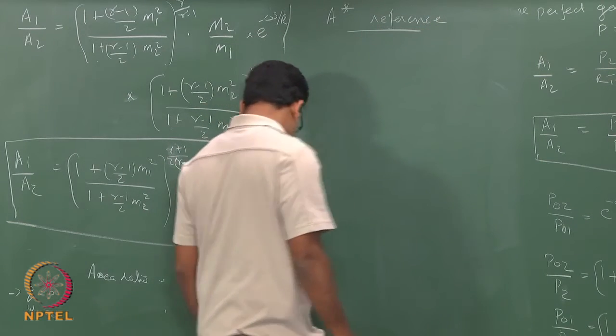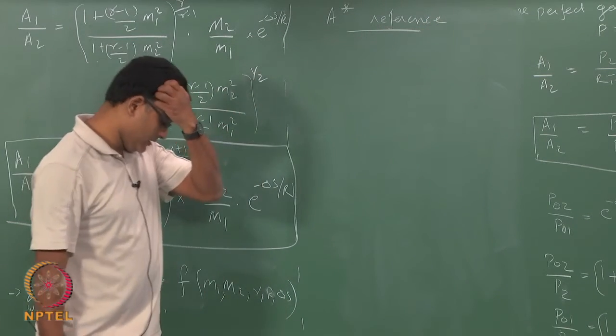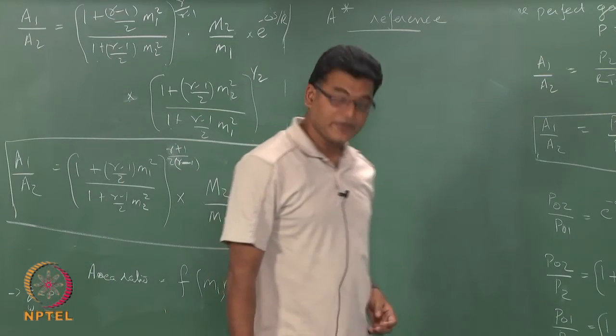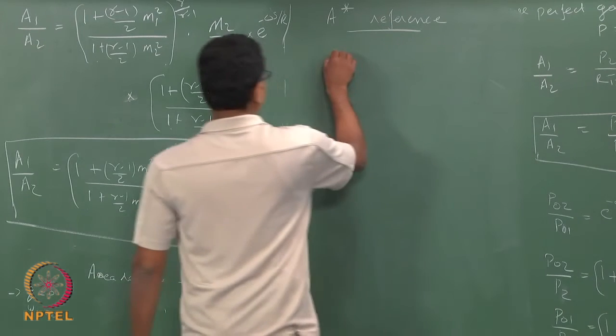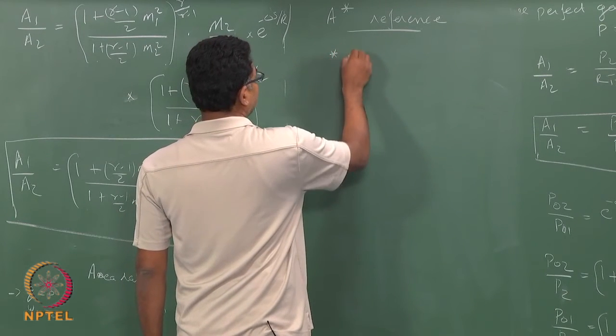So, I am going to introduce a new reference quantity which is called your A star. The star condition is like our stagnation point.